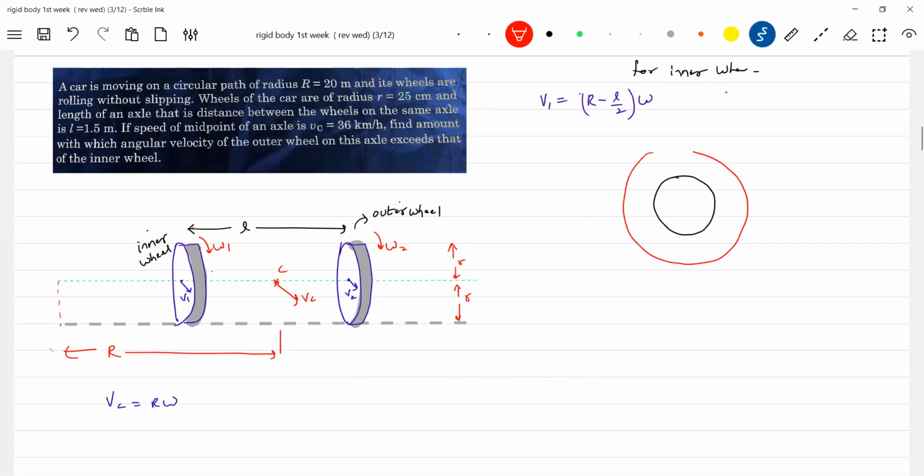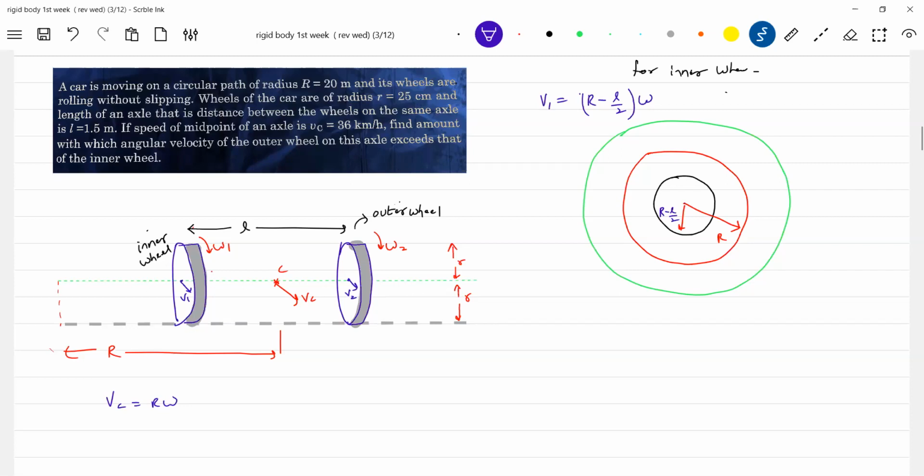At least with this, you are able to understand what this actually is. R is the radius of this, R minus L by 2.